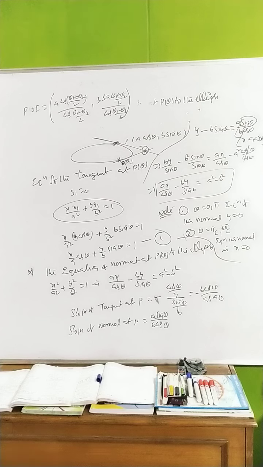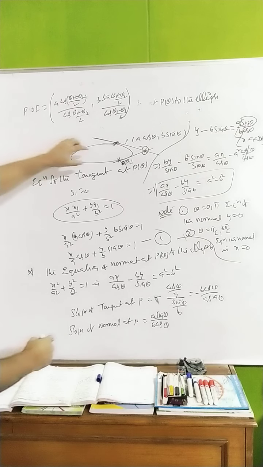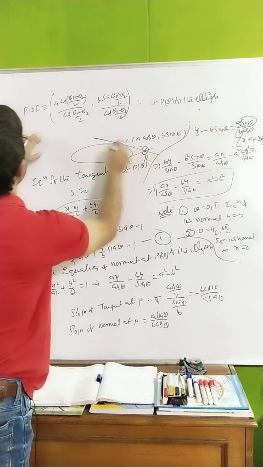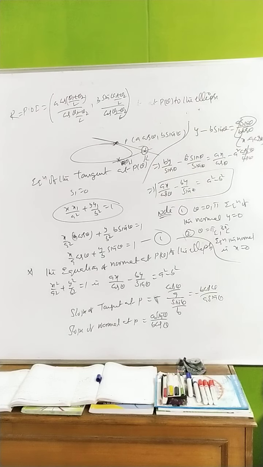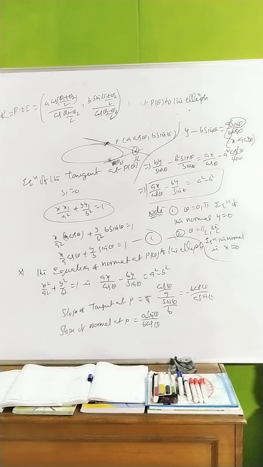Like this we are getting the point of intersection of tangents, call it R. Related to tangent and normal in parametric form we deal maximum, please remember, need not worry.